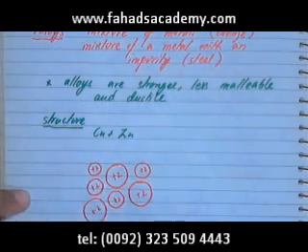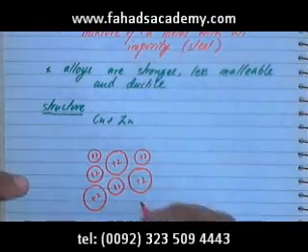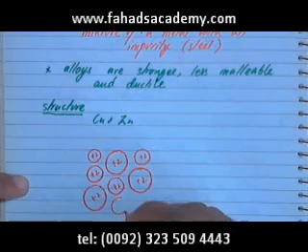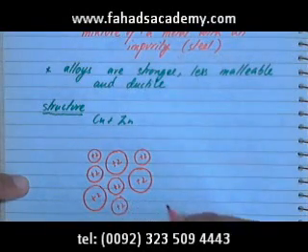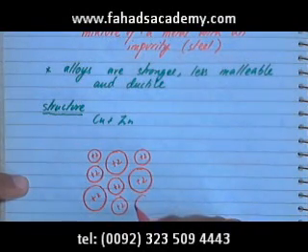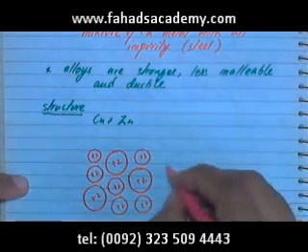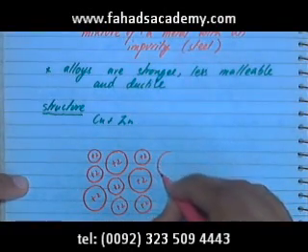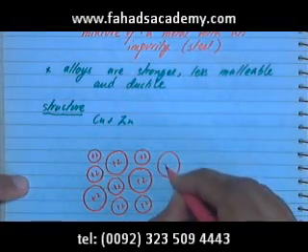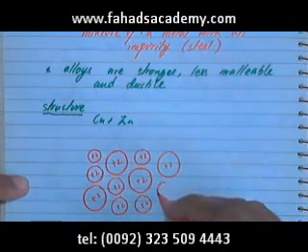This is zinc again. Then you can have a +2 copper, another copper, then another zinc.